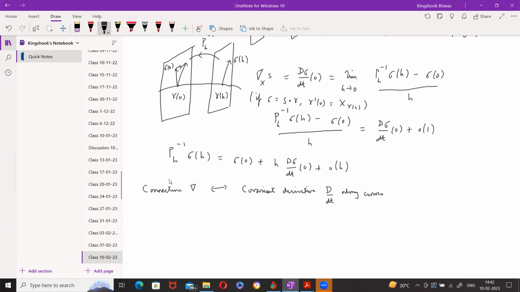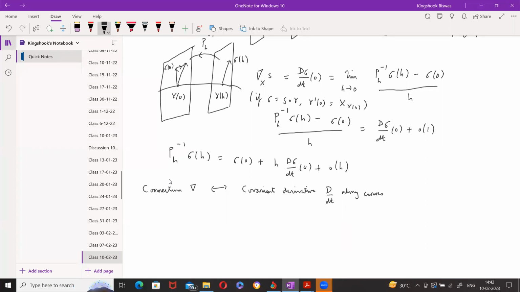If I take sigma to be of the form s composed with gamma, I choose gamma so that gamma prime 0 is X at the point gamma 0, right? So the covariant derivative along curves is equivalent data to the connection nabla.